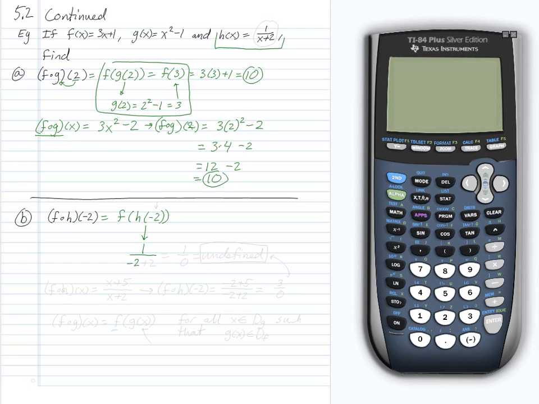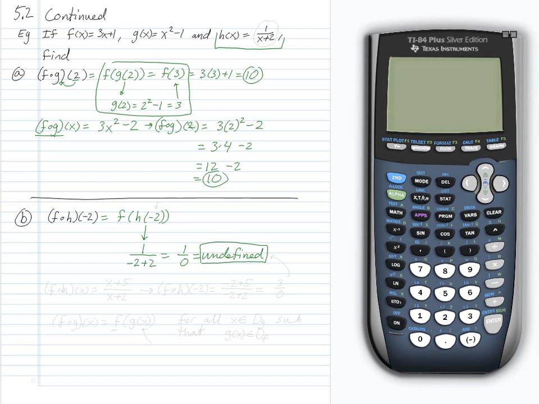So negative 2 plus 2 in the denominator. Well, that's 1 over 0, that's undefined. I can't plug undefined into my function f, so this has no answer.